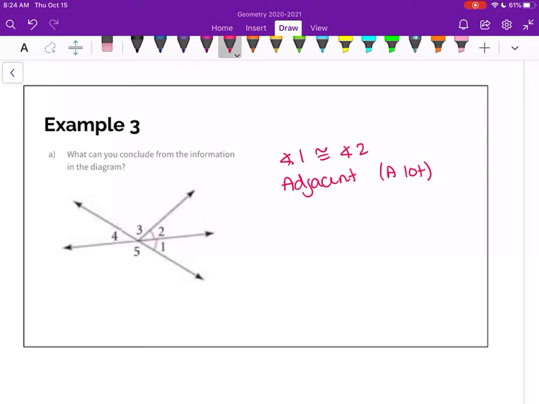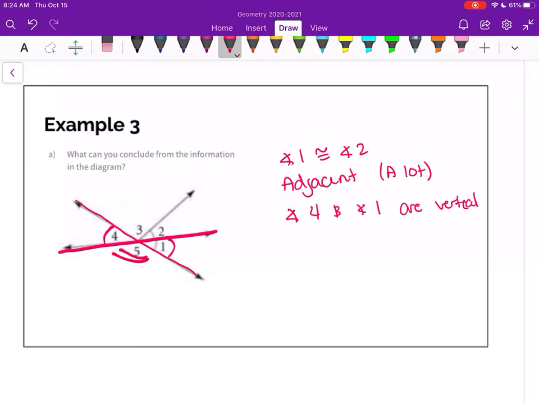I can conclude that, let's see here, what else could I conclude? Let's look at my lines. So if I have a line here and a line here, I get that angle 4 and angle 1 are vertical. Okay, so I got a pair of vertical angles there.